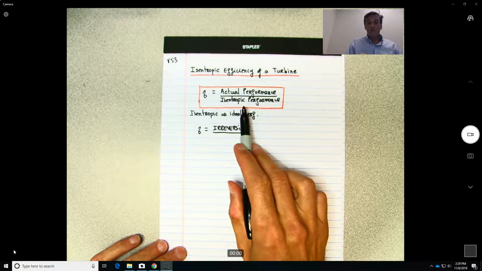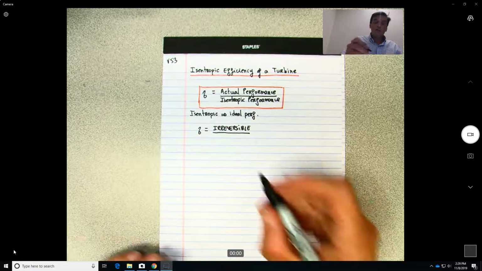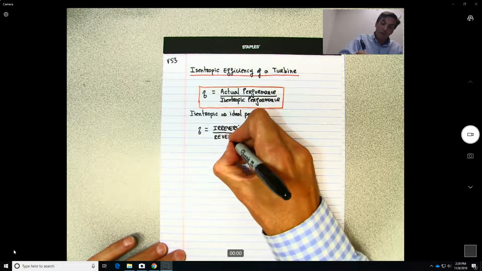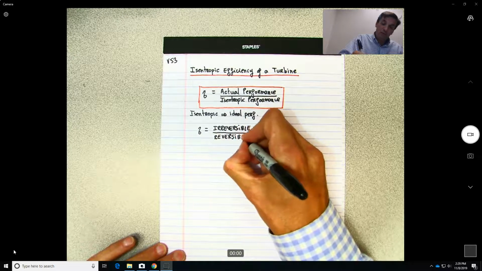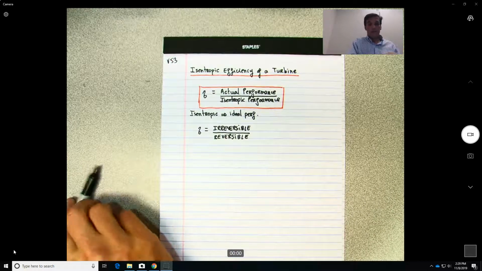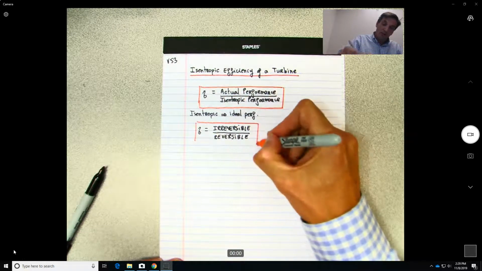And the isentropic will be the ideal case, which means you don't waste any energy, so it will be for the reversible. Okay? I'm just trying to give you general definitions.